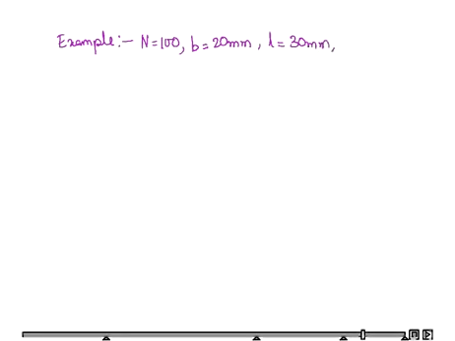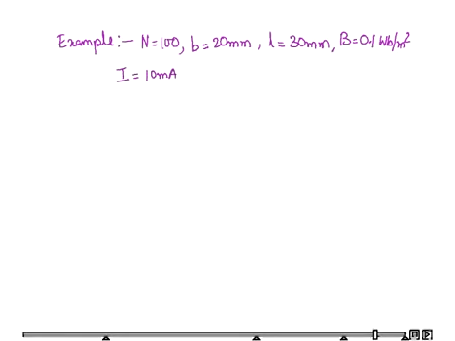The flux density in the air gap is 0.1 Weber per meter square. That means capital B is given, 0.1 Weber per meter square. Calculate the deflecting torque when carrying a current of 10 milliampere. That means current I is given, it is 10 milliampere.